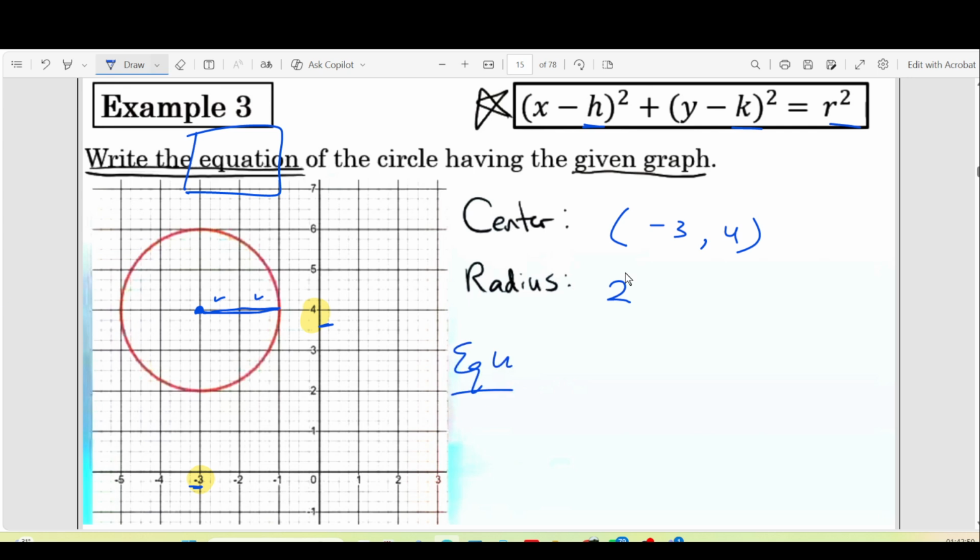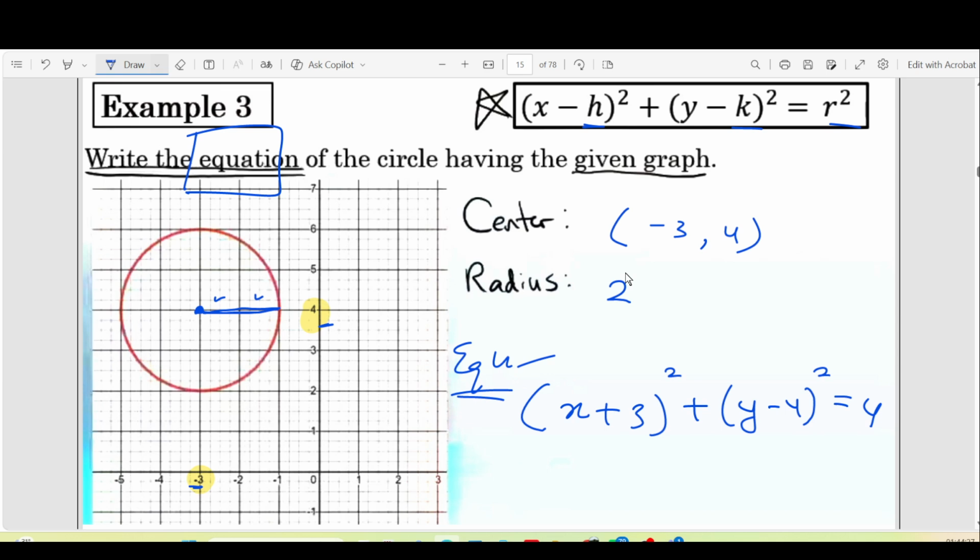The equation is x plus 3 whole squared plus y minus 4 whole squared equals what? 16? 4, right?